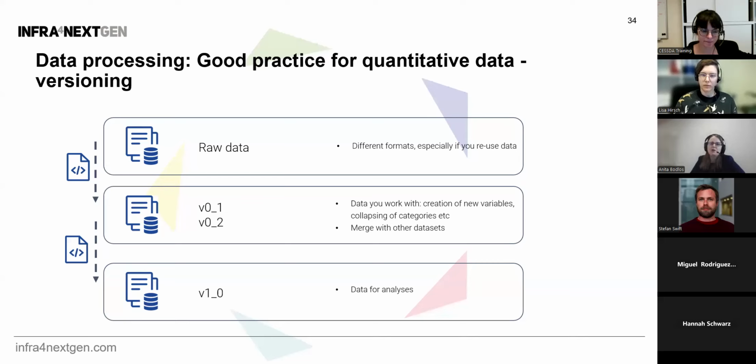If you, for instance, go back and start again with working on your data and preparing it for analysis, for instance, in a resubmission to a scientific paper, you could then label this data set version 1_1, and once you start analyzing, this data should then have the name version 2_0.